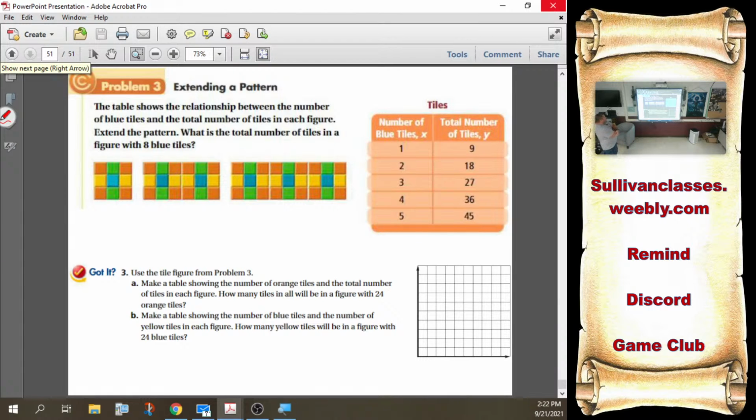What do they do every time to go from here to here to here? What's changing? Adding one what? One block, and those blocks are all the same, right? They're not rotating. It's just the same thing. Again, one big block, 2 big blocks, 3 big blocks.